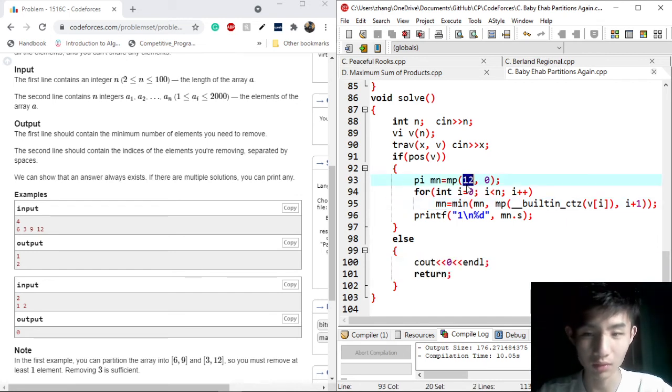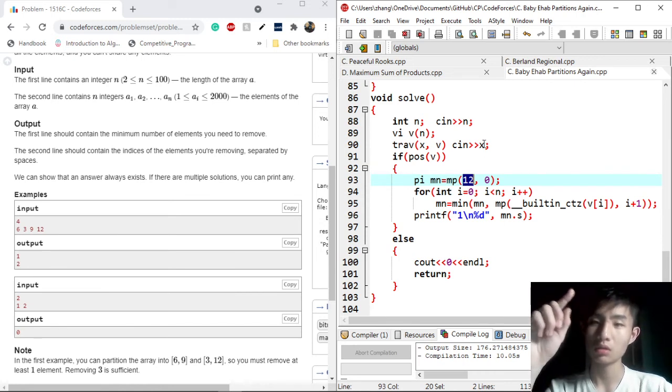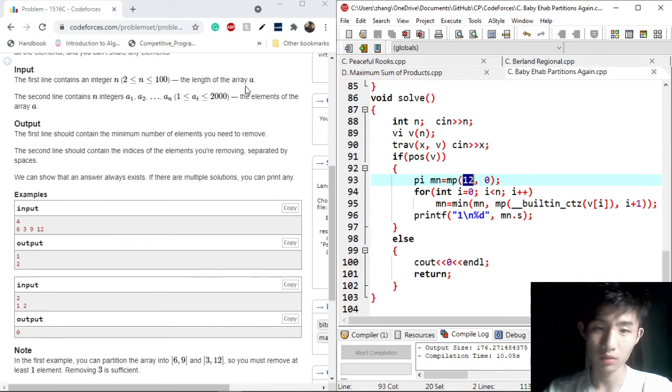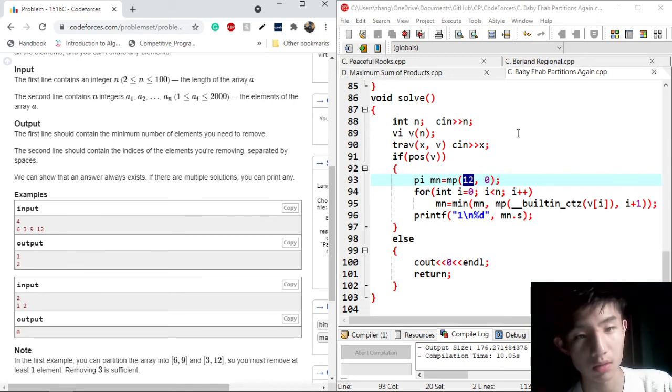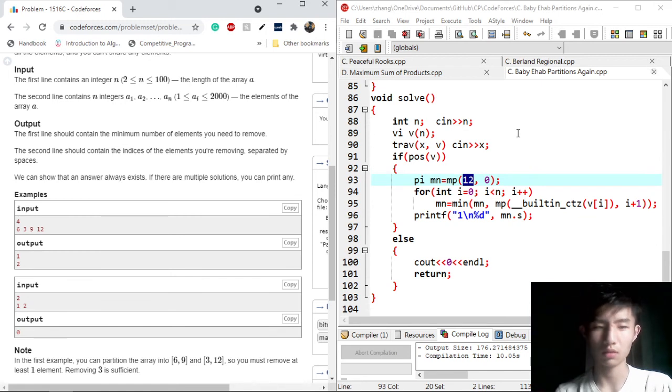So this 12, this is basically 2 to the 12th is greater than 2000 because that's like 2048. You don't need to check it. Yeah, you don't need to check. That's the highest number. I think the tutorial put 12 or 20.